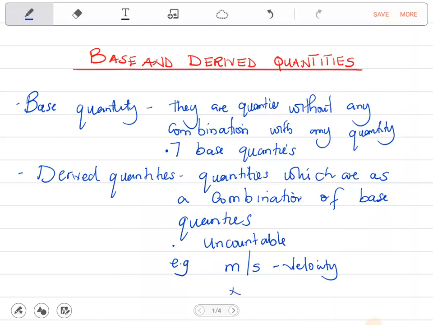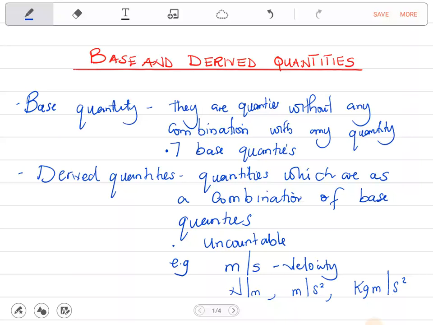Or Newton per meter is also a derived unit. Or meter per second squared, which is the common unit for acceleration. Or a force is kg meter per second squared. All these are examples of derived units.